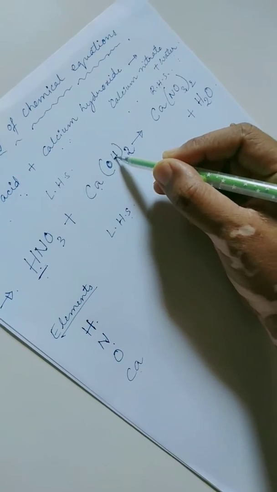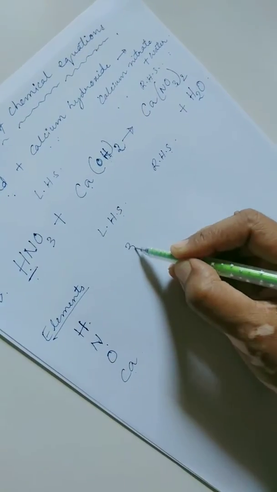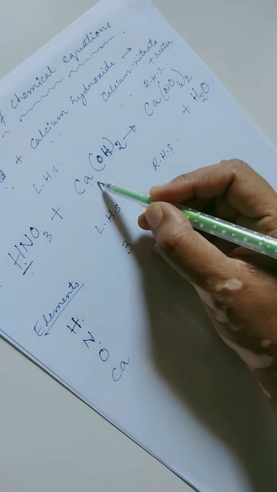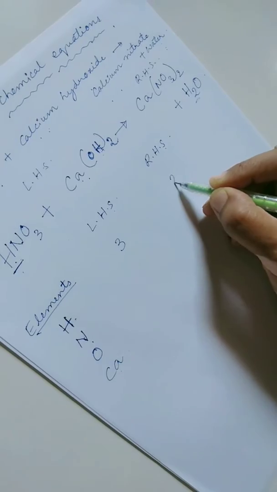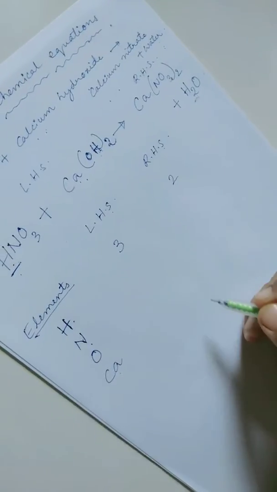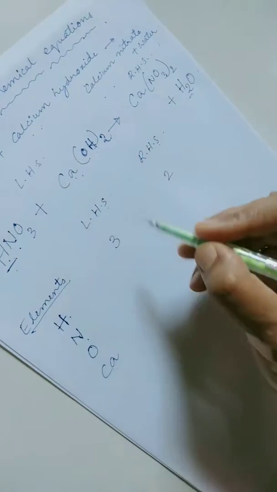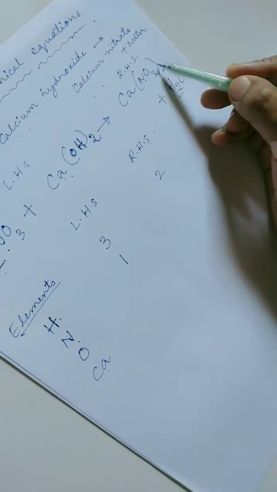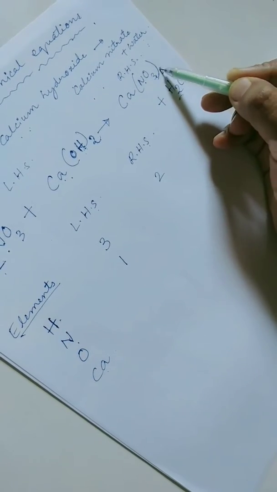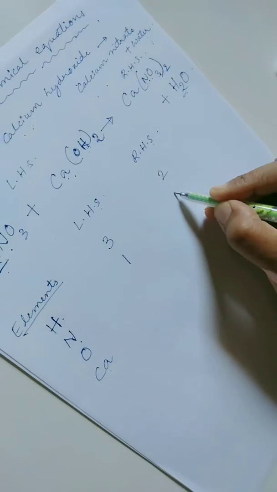That means we have 2 atoms of hydrogen here. 1 plus 2, it is 3 hydrogens on the LHS. RHS, we have altogether 2 atoms of hydrogen. Now nitrogen, here we have got only 1 nitrogen atom in the LHS, and here the subscript 2 indicates that there are 2 atoms of nitrogen here.